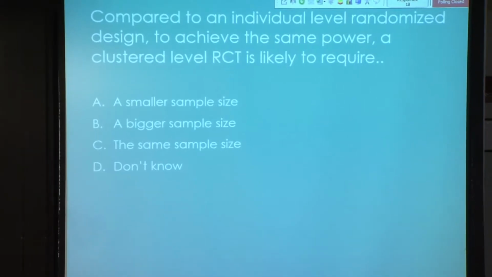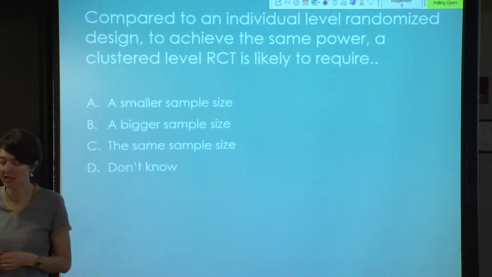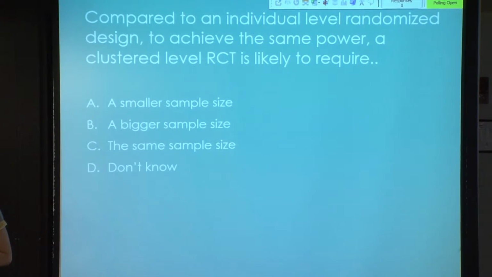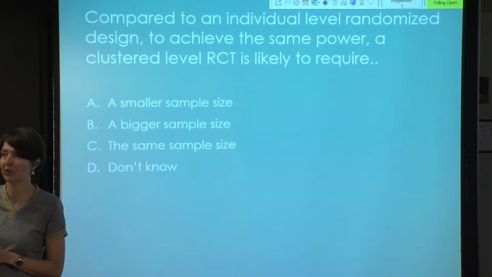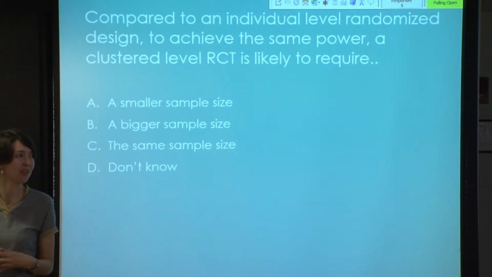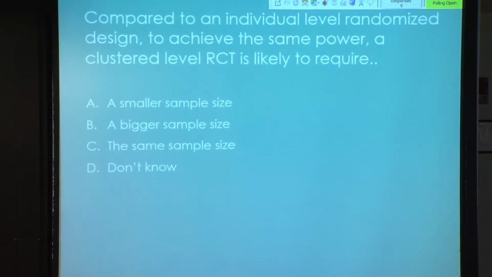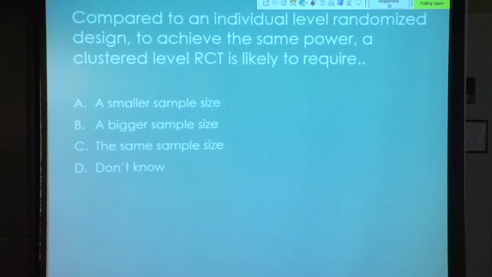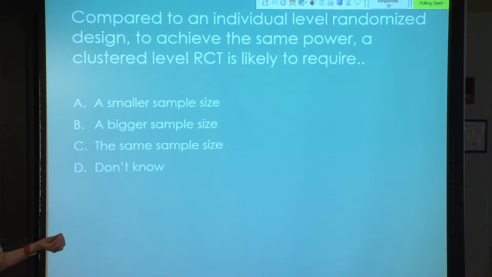So compared to an individual level randomized design, to achieve the same power, a clustered level RCT is likely to require a smaller sample size, a larger sample size, the same sample size, or you don't know. Just gut feeling at this point. Sorry, I'm saying that the wrong way around.